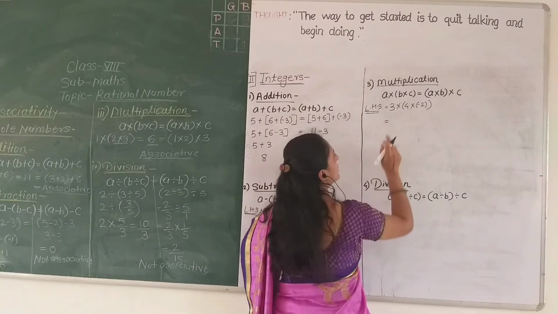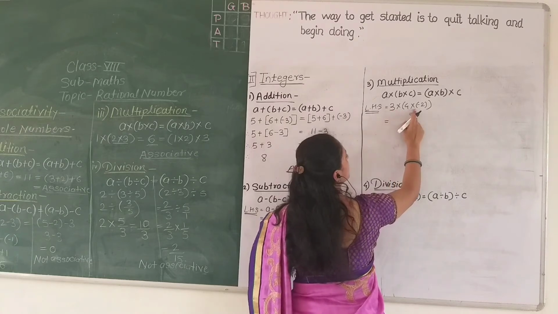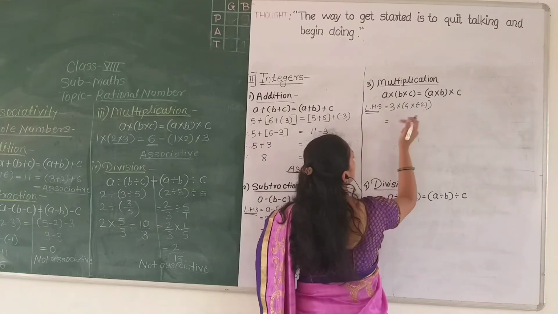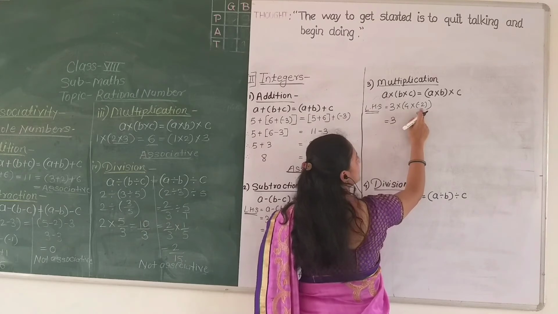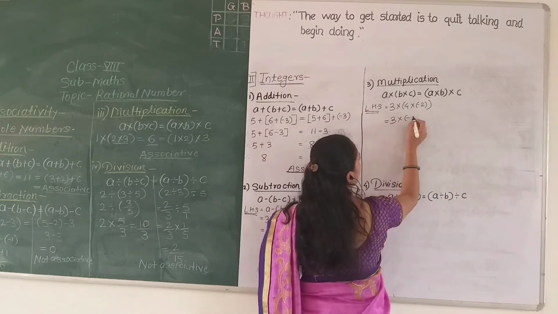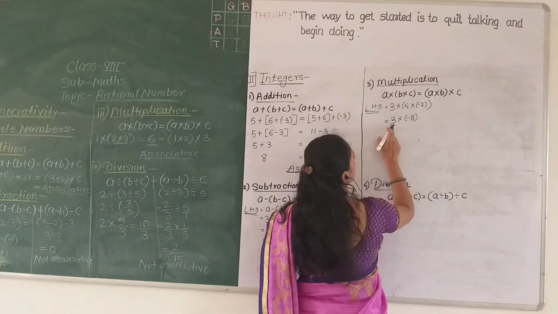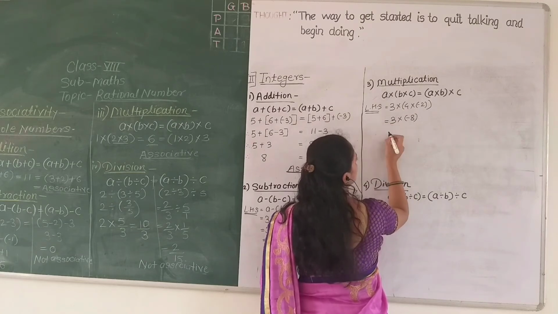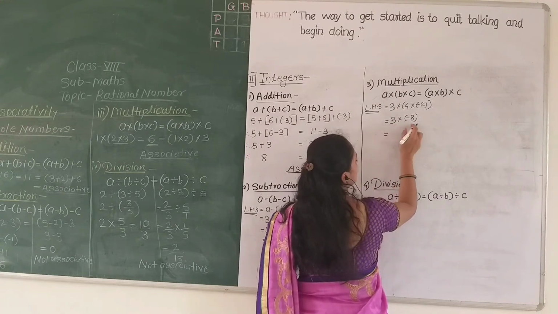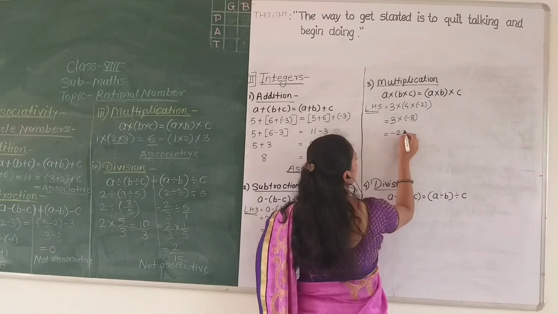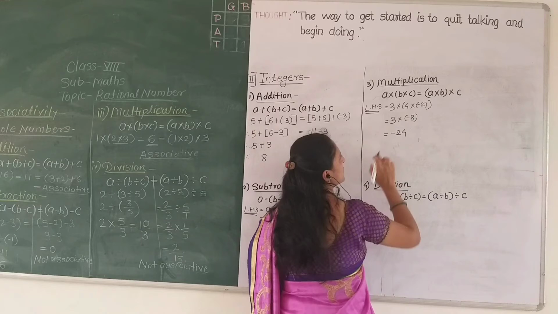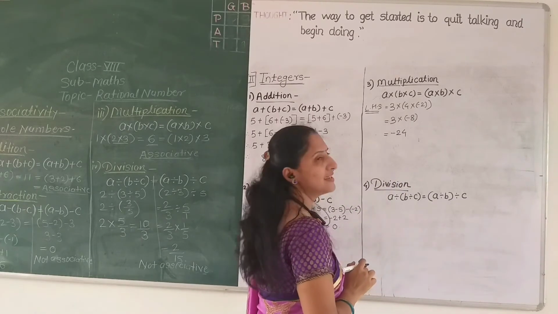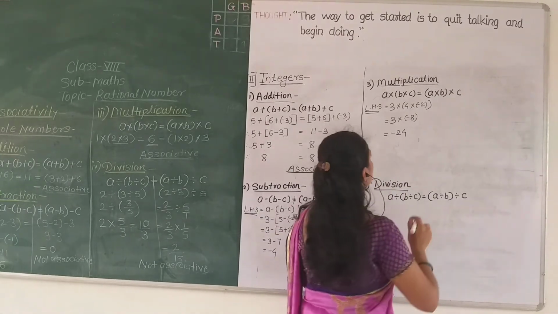First we solve the bracket, 4 into negative 2, that is negative 8. Now we have to find 3 into negative 8. 3 8s are 24. Here there is a negative sign, so the answer is negative. So in LHS we get the answer negative 24.